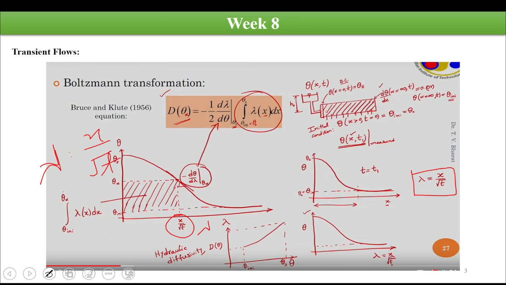Right? So that value can be put here. So based on this value, we can determine d lambda upon d theta. Okay, and the integration of lambda d theta from theta initial to theta x is nothing but the area, right?